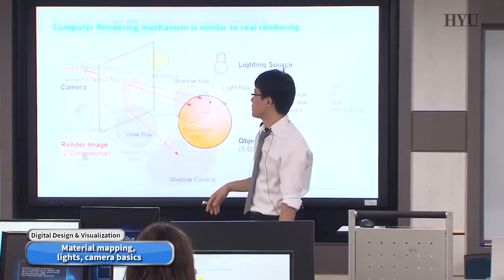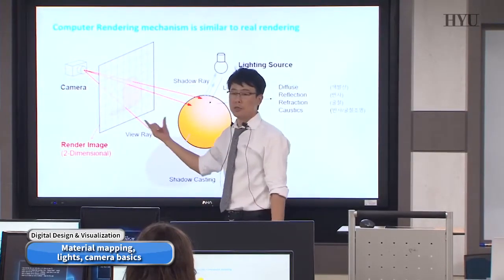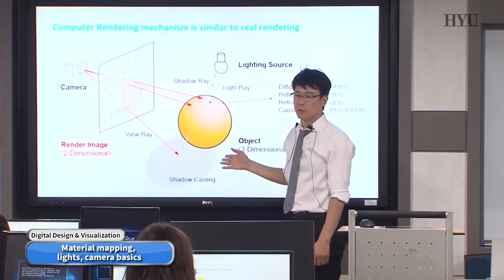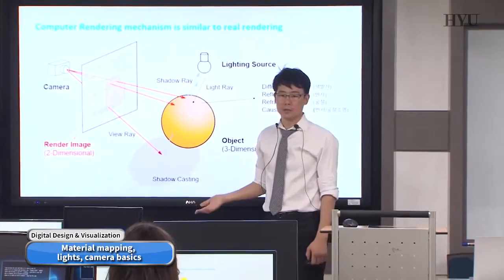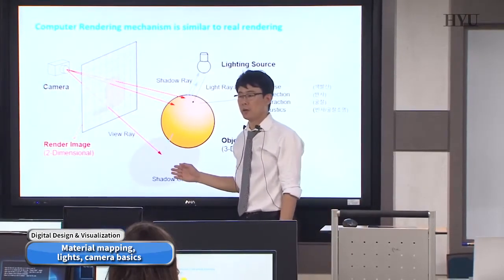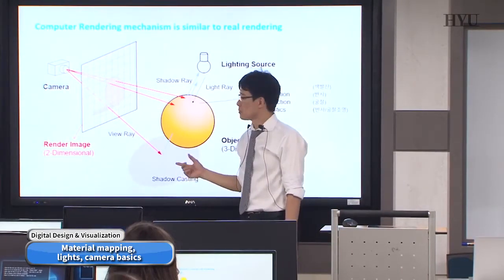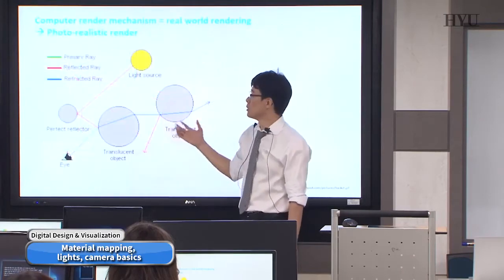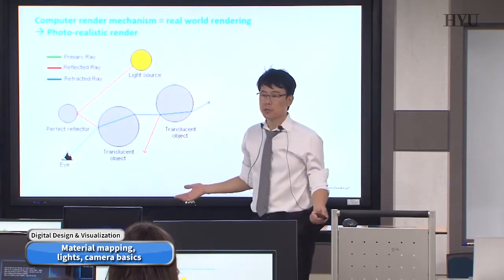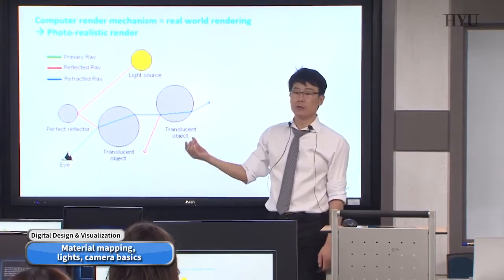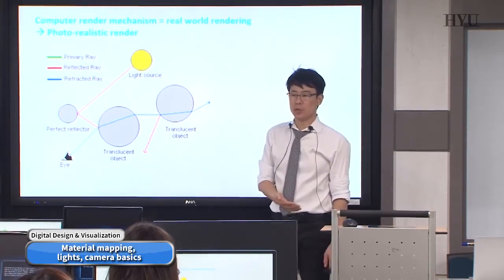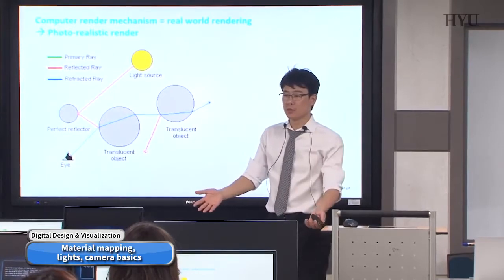Very complicated. So who found this mechanism? Some optical mechanism in a scientific way, a mathematical way. Who found how light source and light rays interact with objects in order for your human eyes to see them?